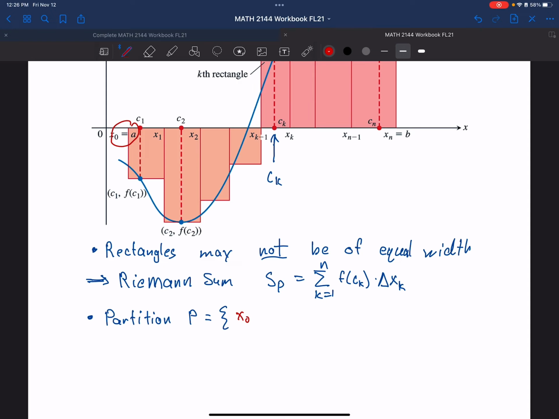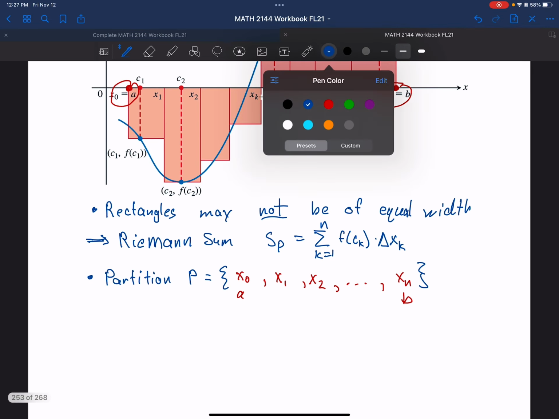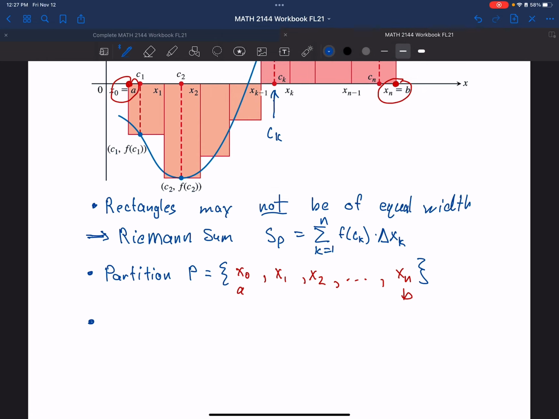Then you have x sub 1, then x sub 2, and so on until you get x sub n, which is ultimately b right over here. So that is right there and right there. What it does is it partitions the interval based off of a bunch of x values. So those are n x values.